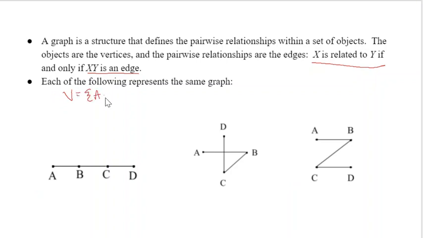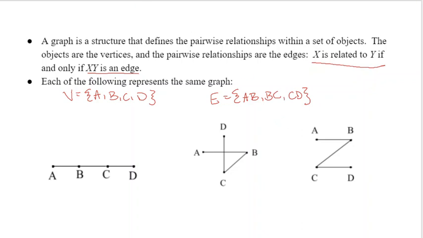Our vertices are A, B, C, D, and our edges are AB, BC, and CD. So you can see that a graph can be completely defined by its vertex set and its edge set.